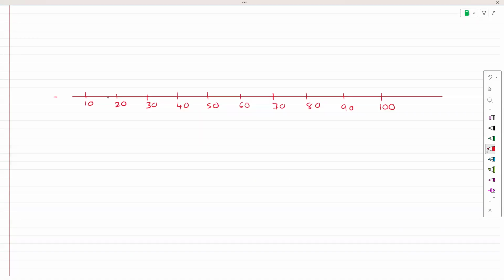Okay, that's better. So this is 10, 20, 30, 40, 50, 60, 70, 80, 90, and 100, guys. I went in tens. You guys go in anything that works for you. But generally, don't try and do ones. It's going to be impossible.